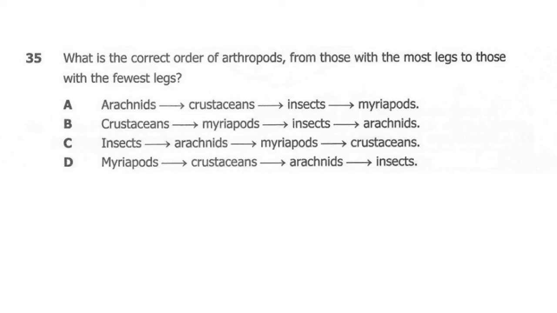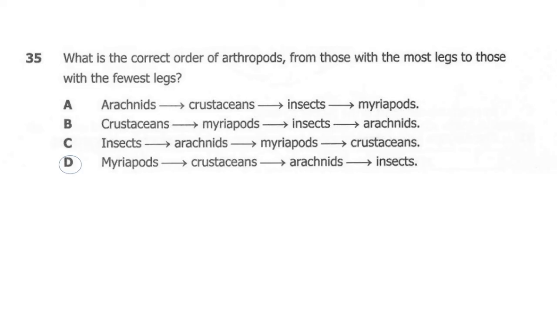The correct answer here is D. The myriapods have the most legs, because this is where you find your centipedes and millipedes. They have a lot of legs: centipedes have 1 pair of legs per segment, while millipedes have 2 pairs per segment.